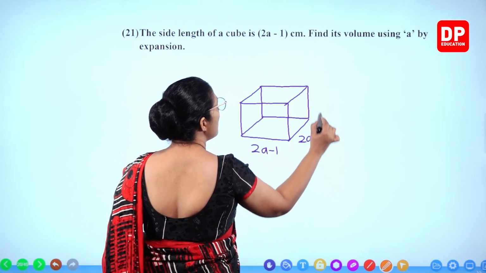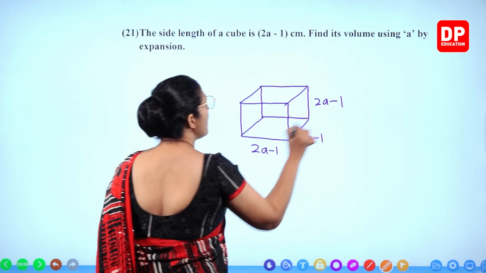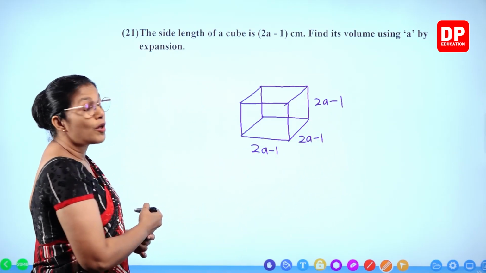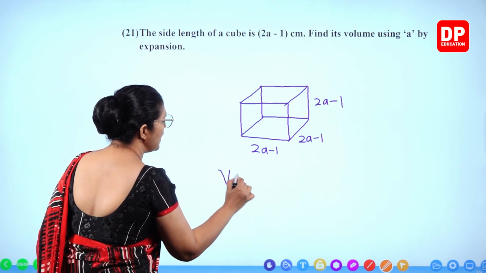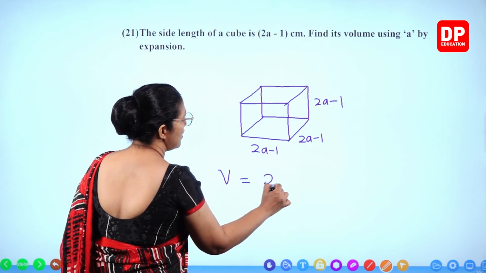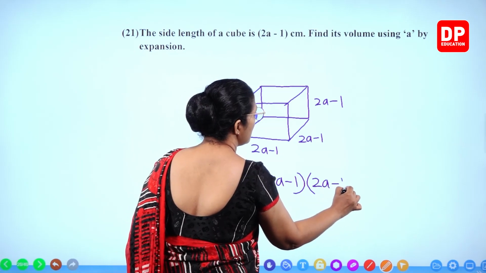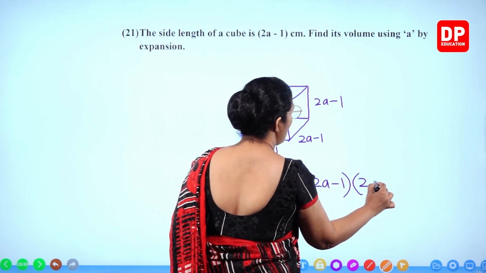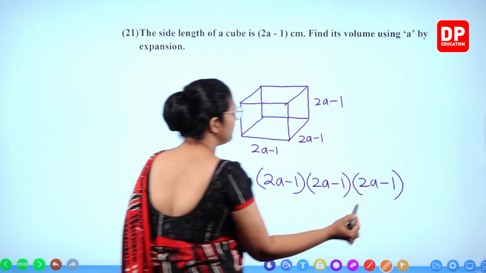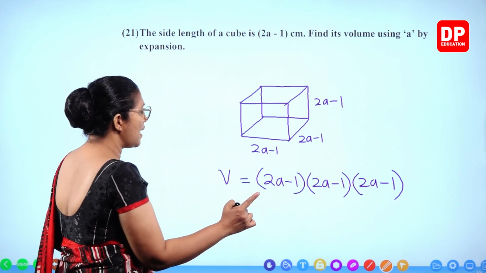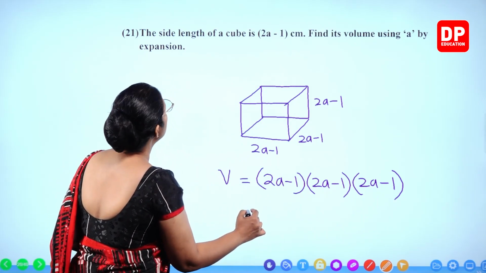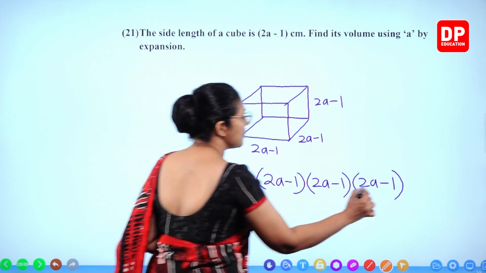Length, width, height, everything is 2a minus 1. So what is the volume? Volume is length into width into height. So you have to multiply 3 times. This is in cubic centimeters.